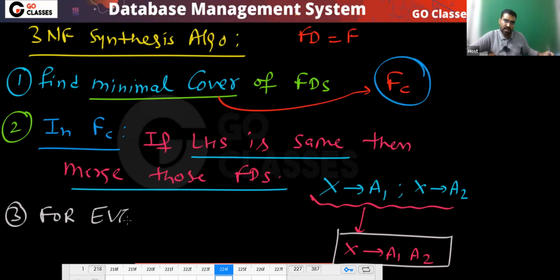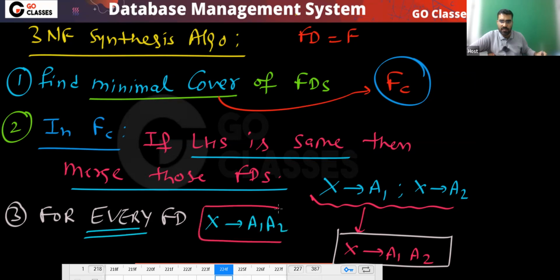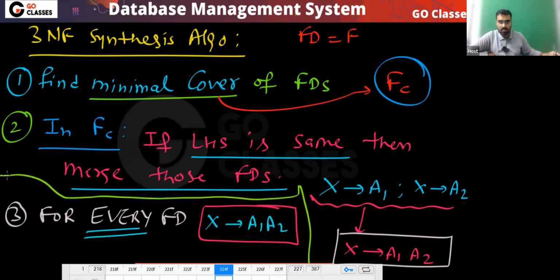For every FD, not only for violation, for every FD, whatever FD you have, you do this: X, A1, A2, you make a table.